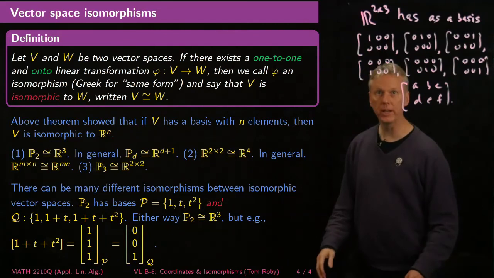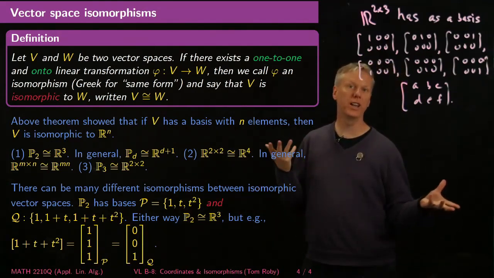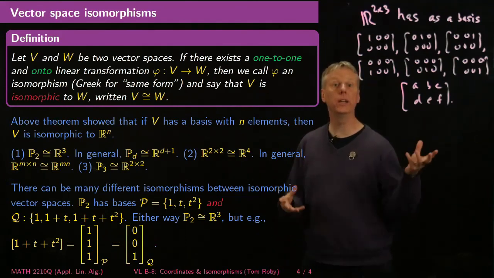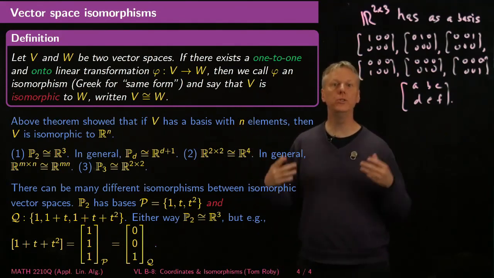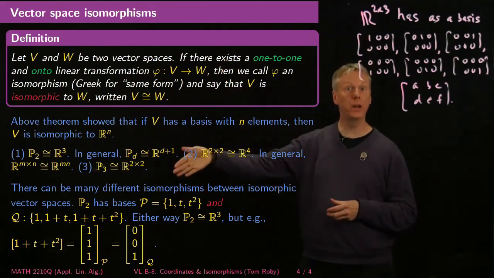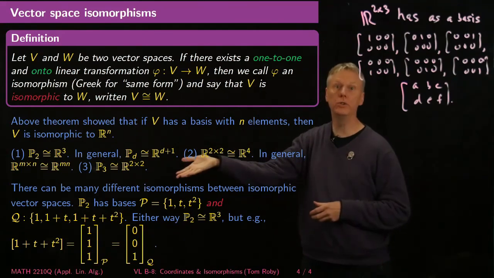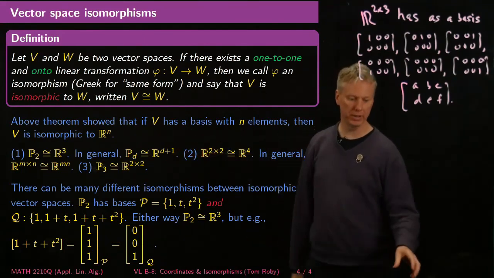So that's what can happen, is that you have these isomorphisms, but there's not a unique way necessarily of doing it, and basically it depends on what you choose as your basis. So you choose one basis, you'll get one isomorphism between polynomials and R3 or R4, and if you choose a different basis, then you'll get a different isomorphism.